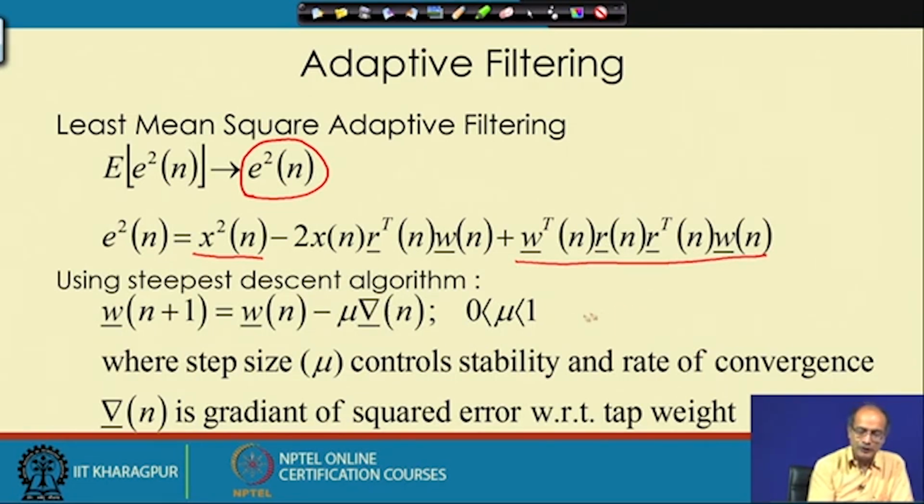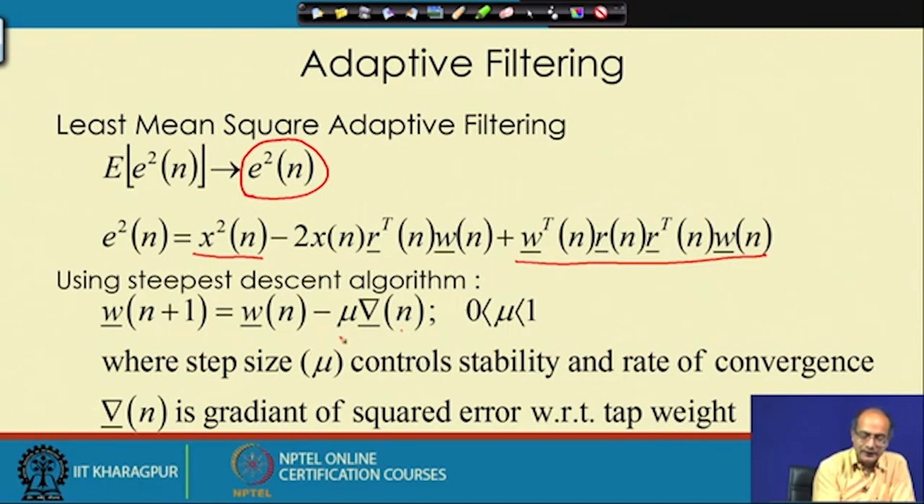Now, using the steepest descent technique, at the next instant the weight W n plus 1 should be W n minus mu times the gradient, and because the process is changing over time, the gradient also has an index of n.